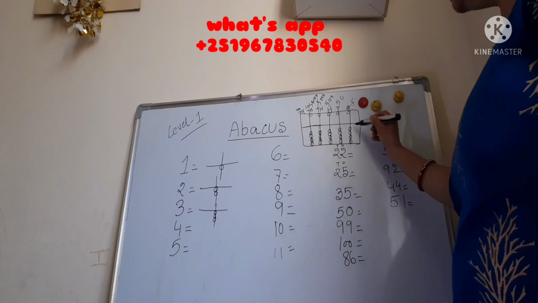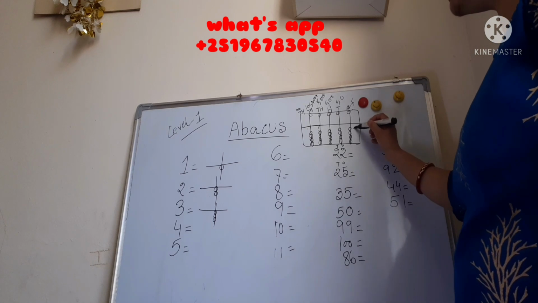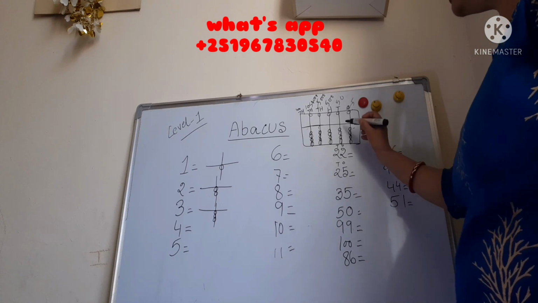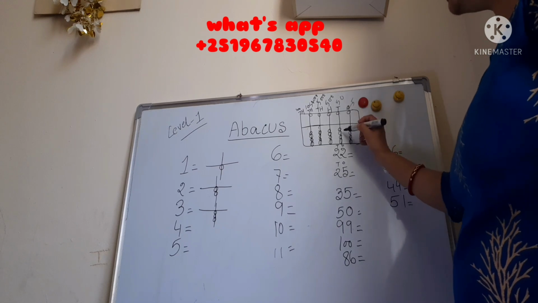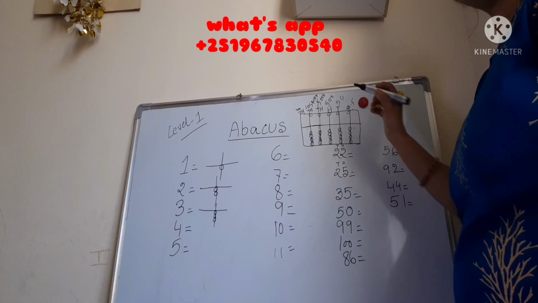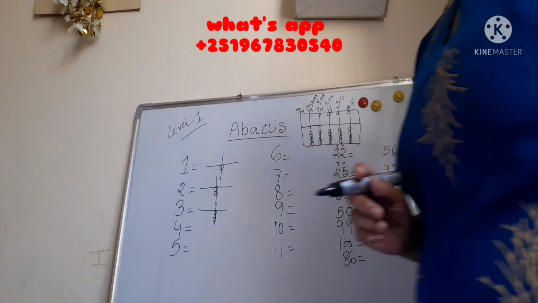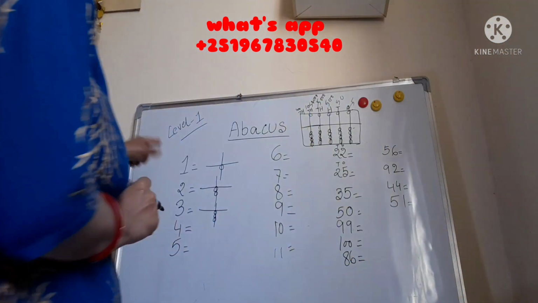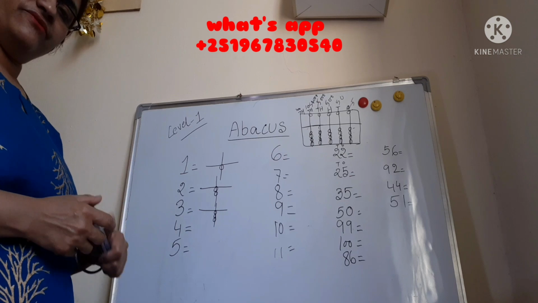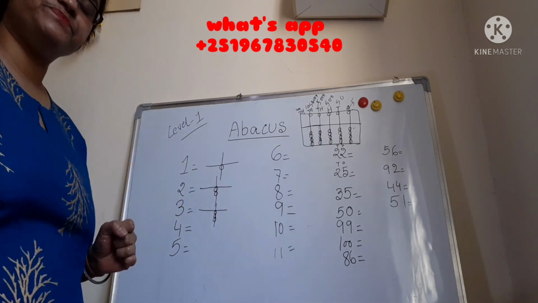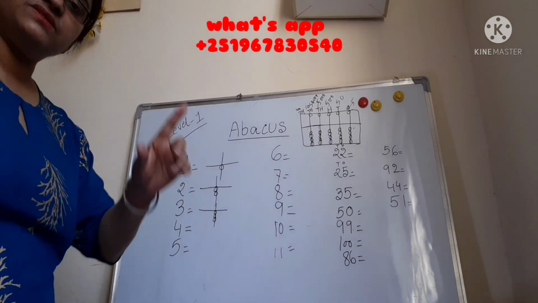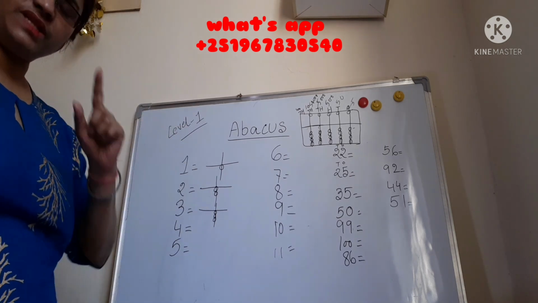This one is the ones place, meaning 1, 2, 3, 4, and this is tens, meaning 10, 20, 30, 40, and this is the 50. In the finger abacus, we learn that the right hand denotes the ones place and the left hand denotes the tens place.